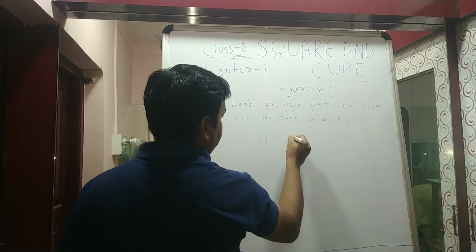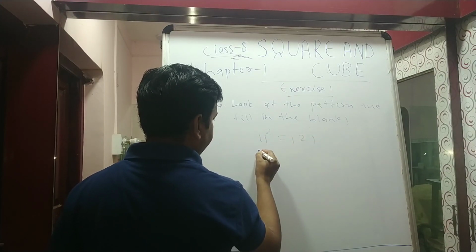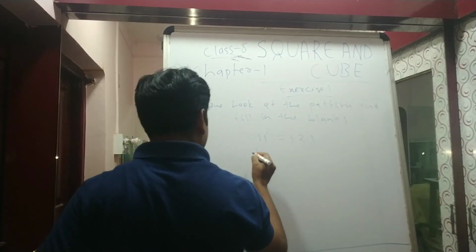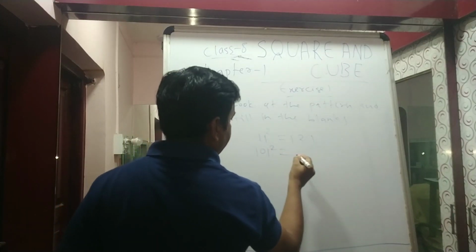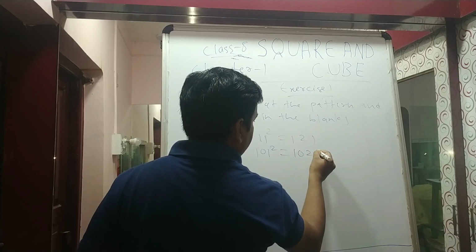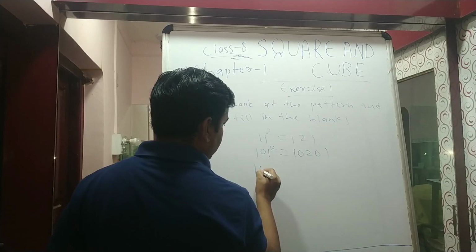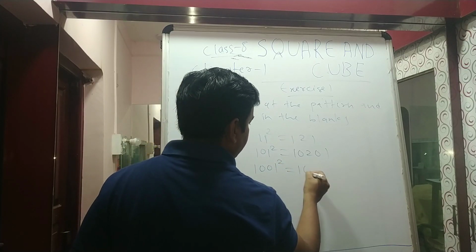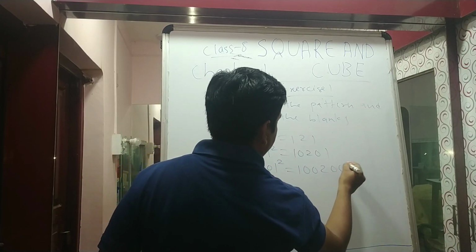11 squared is equal to 121. 101 squared is 10201. 1001 squared is 1002001.